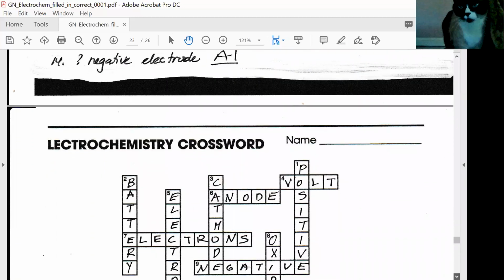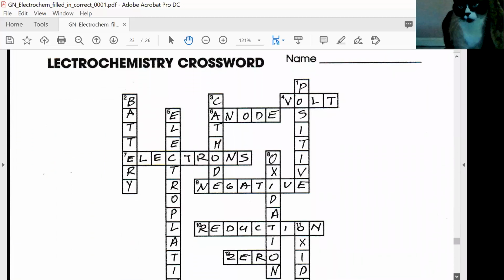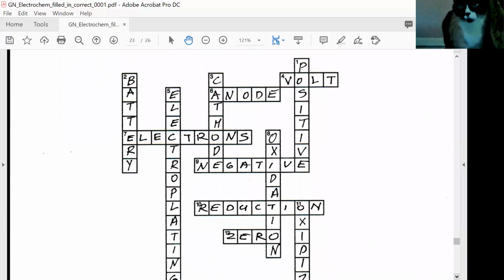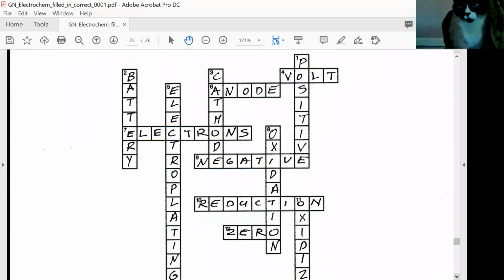Okay, so this crossword puzzle was just so that you could have some fun. So I'll let you fill that in.